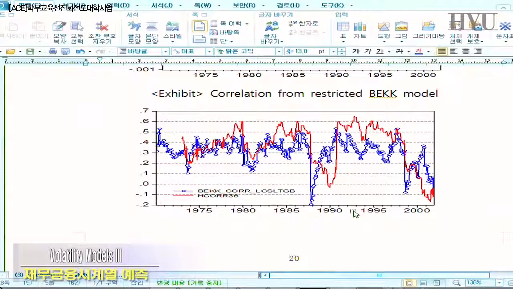And actually, if you try to allocate your funds to stocks or bonds, the simple Markowitz mean-variance principle says correlation is a very important parameter to determine the investment proportion to stocks and bonds.